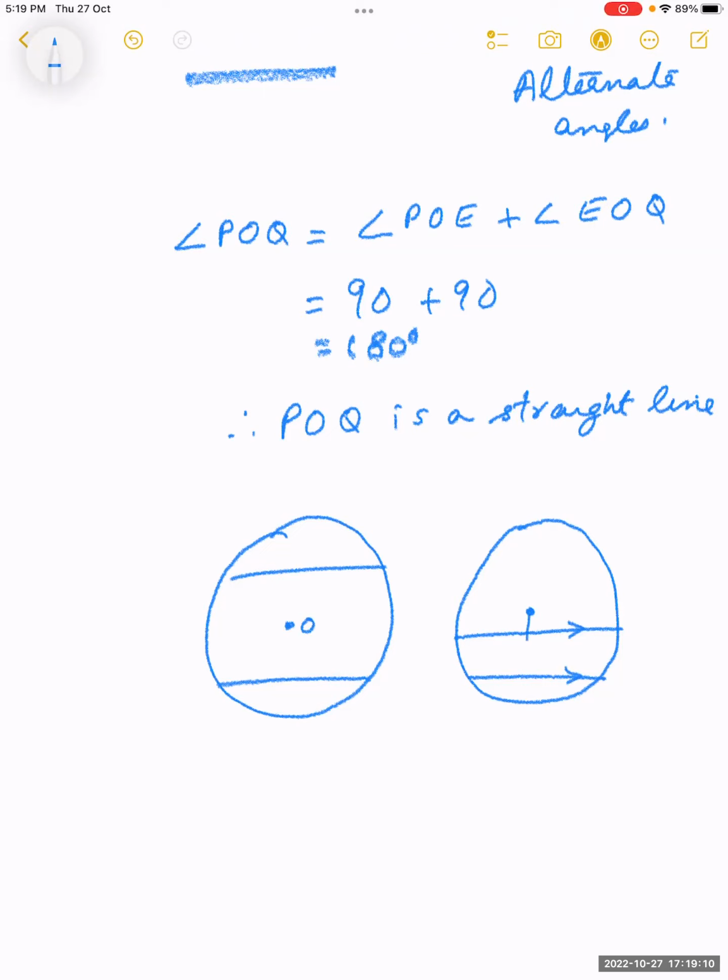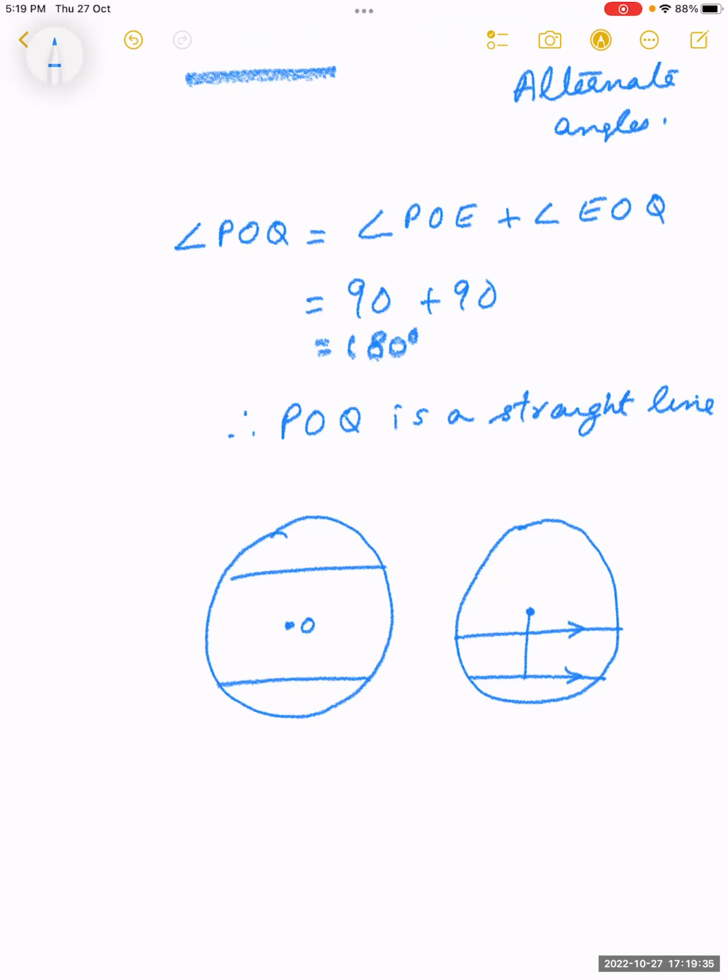It will pass through the center. The line joining the two midpoints of two parallel chords will pass through the origin. So this rule is applicable whether the parallel chords are on either side of the origin or on the same side of the origin. The rule remains the same.